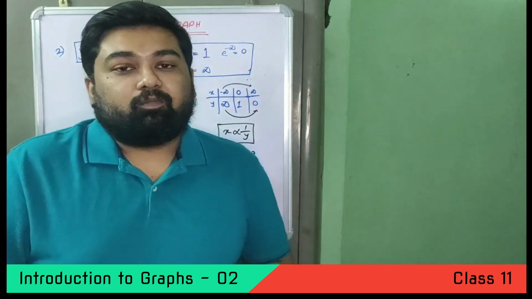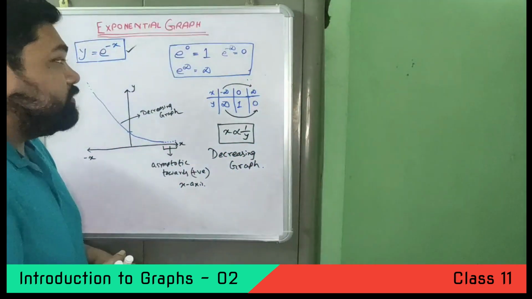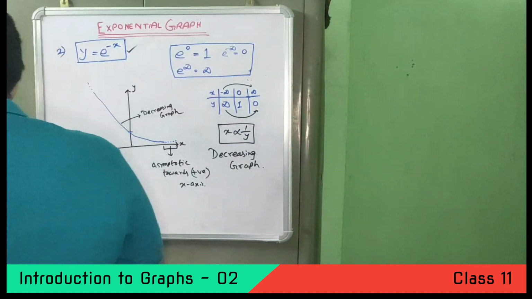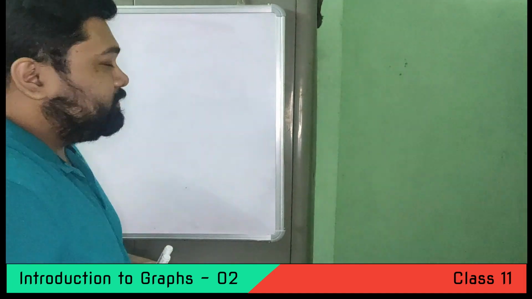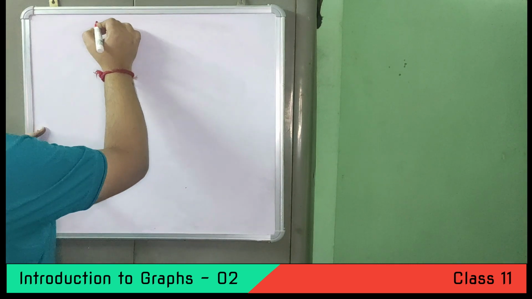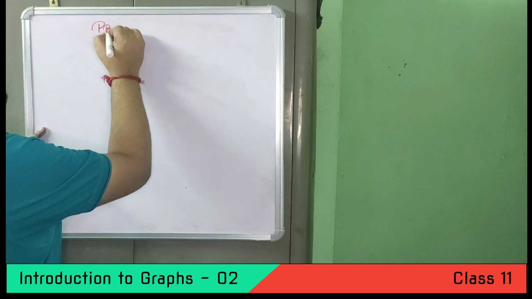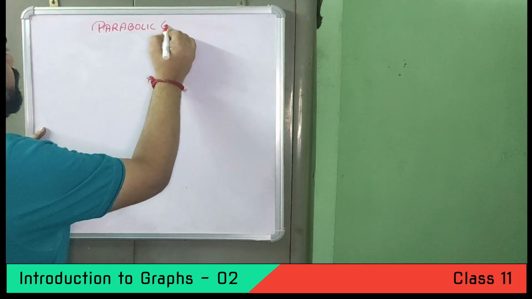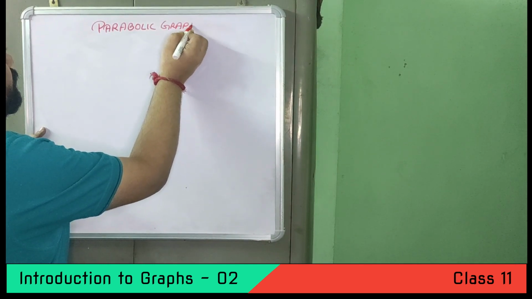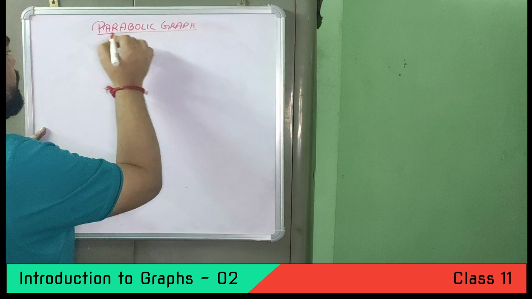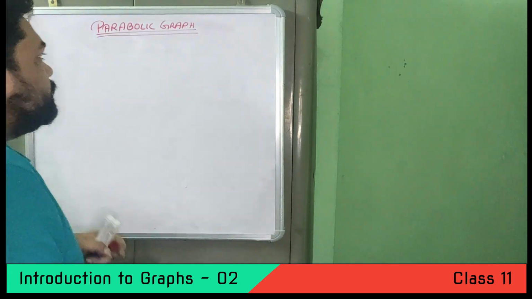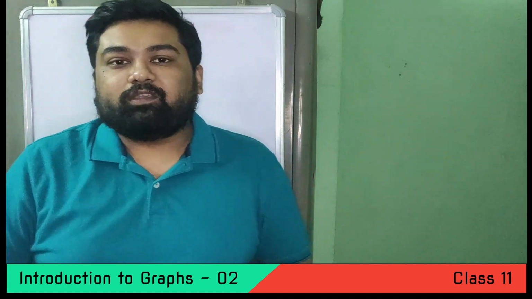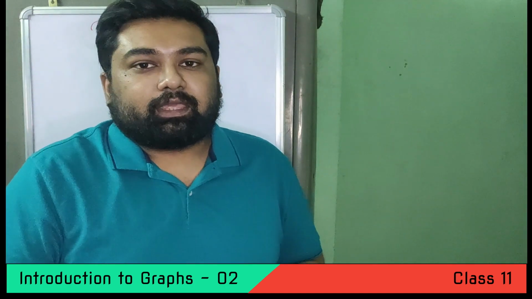Next we shall move on to the next type of graph, that is the parabolic graph, right? Next we shall move on to the parabolic graph. So in a parabola, the general equation of a parabola is y square equal to 4ax.